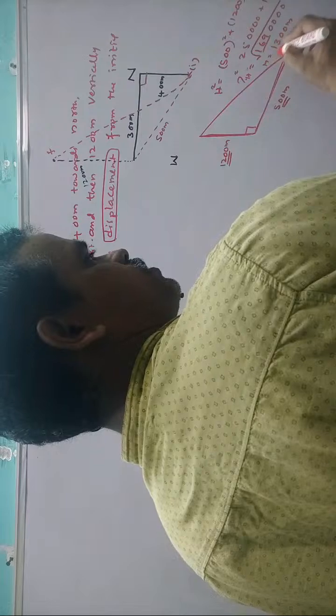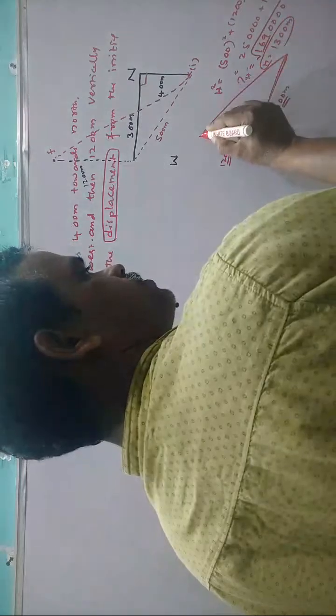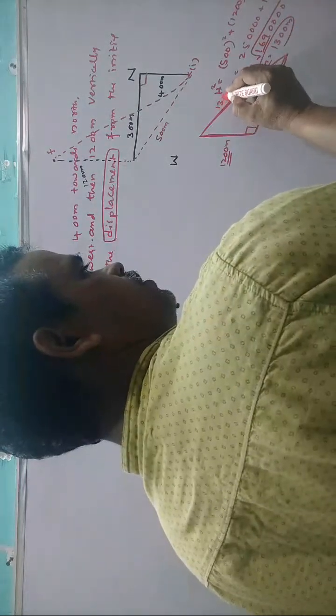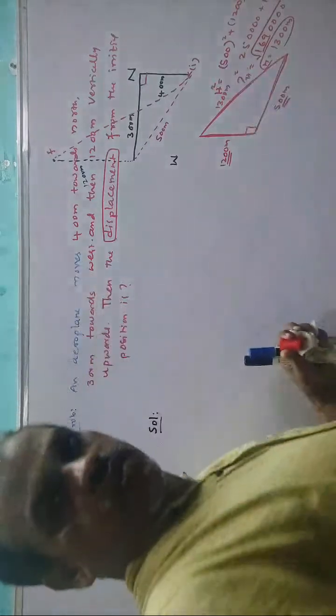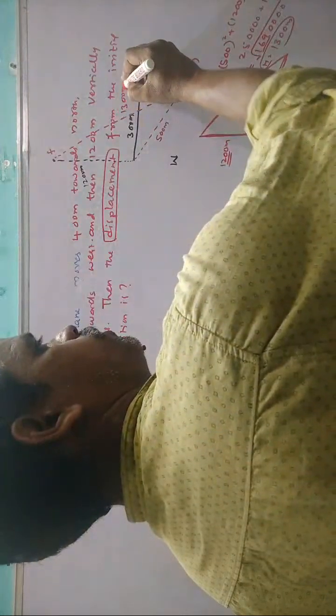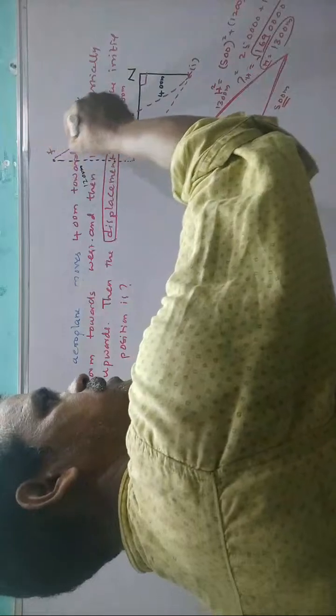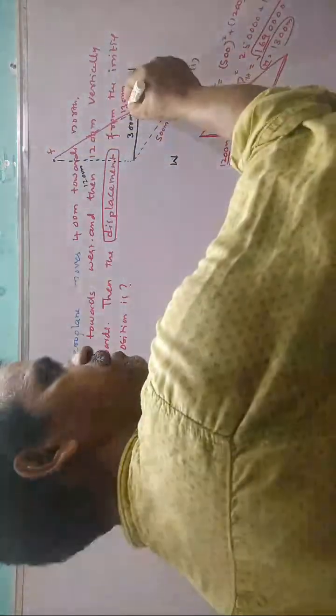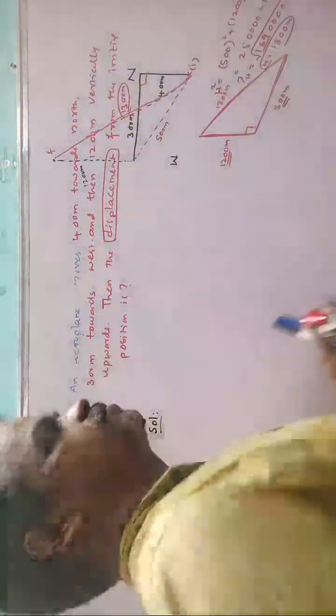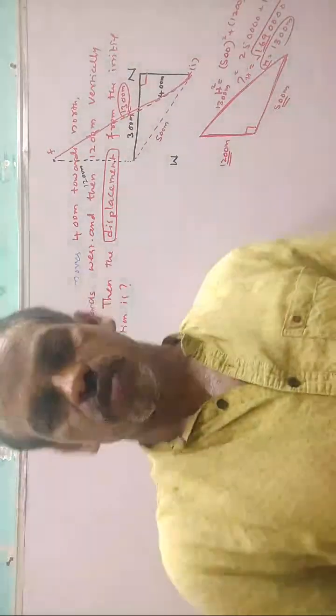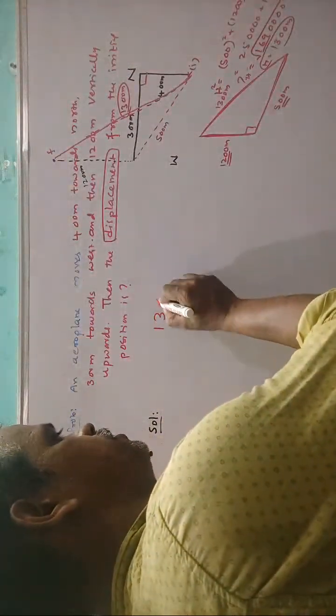So hypotenuse equals 1300. This length will be 1300 meter. Now this is the initial position, this will become the final position. The distance we calculated, how much is it? 1300 meter. Is it okay for you? So the answer here is 1300 meter.